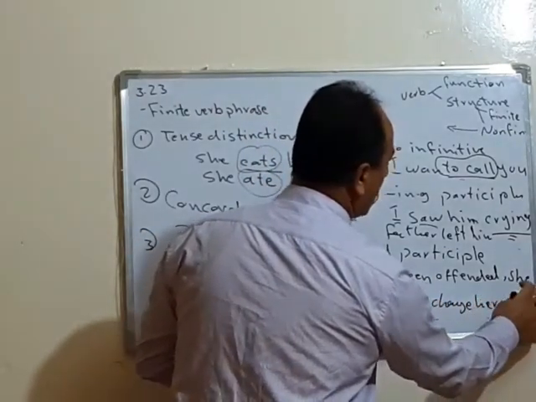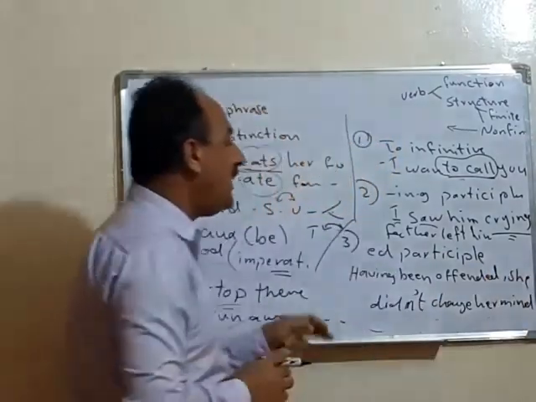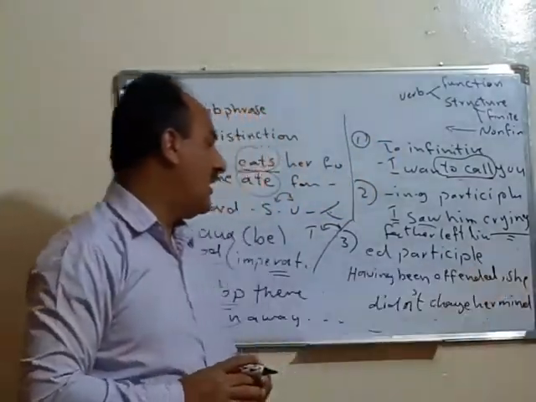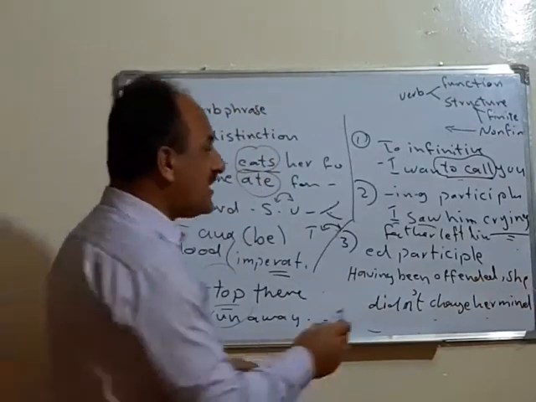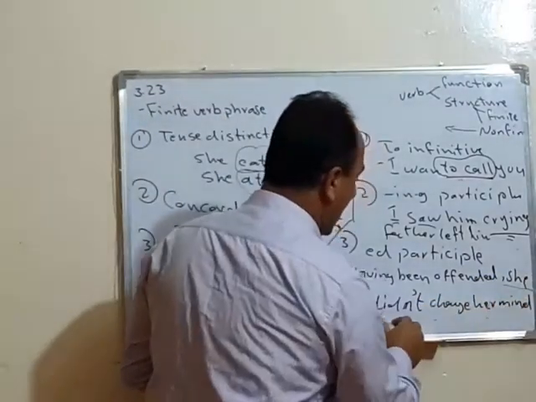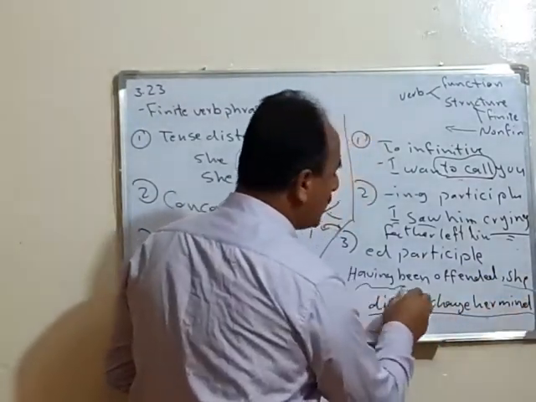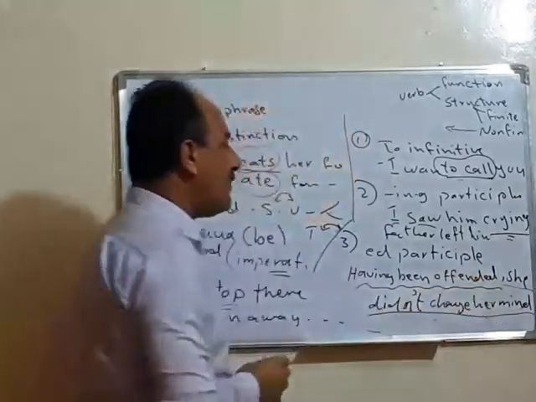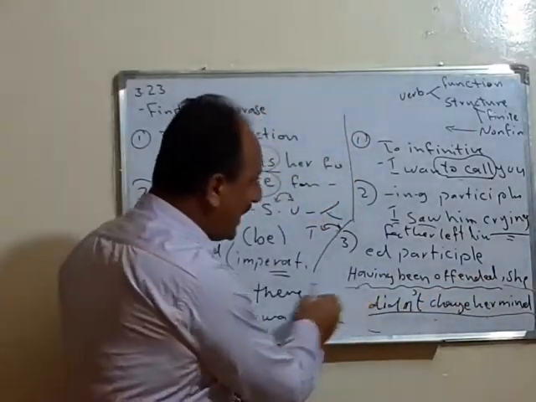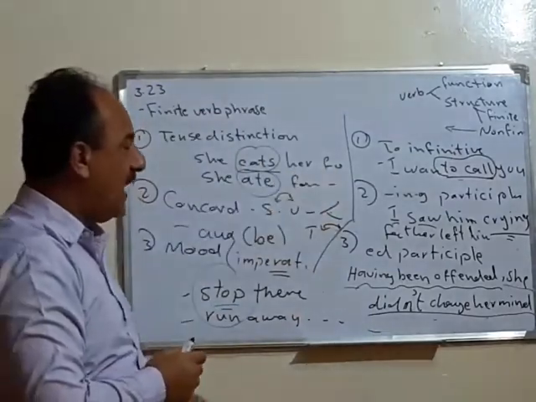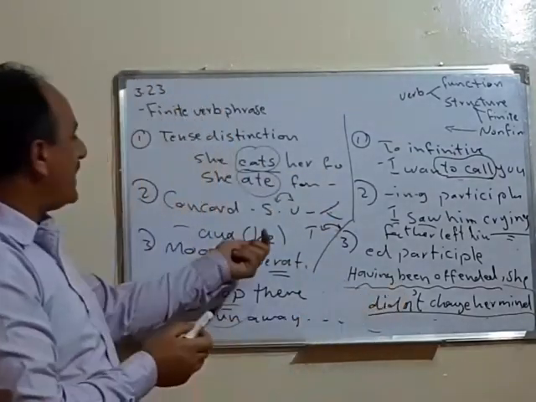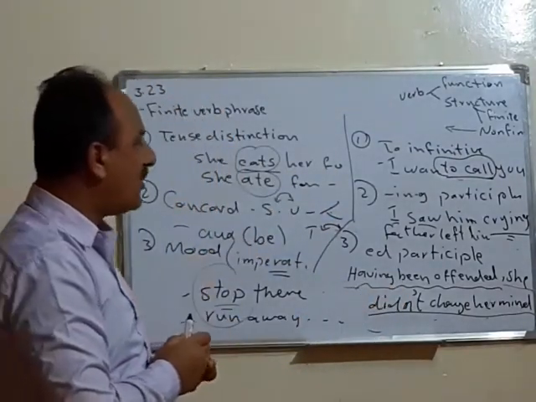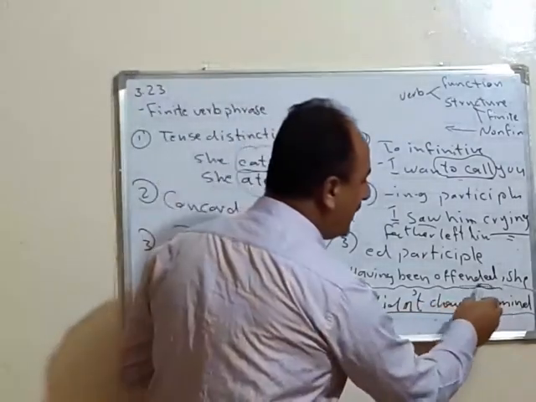For example, this simple sentence: having been offended, she didn't change her mind. This is the main sentence, and this is the subordinate one. In the subordinate one, we talked about having as with ing, and we talked about be in the case of concord, and here we have offended.